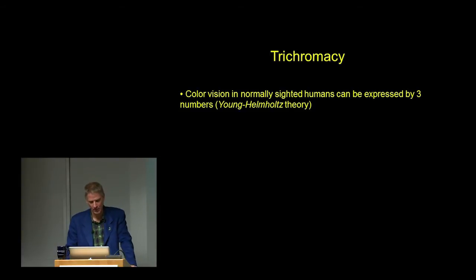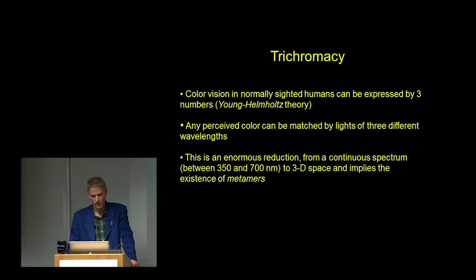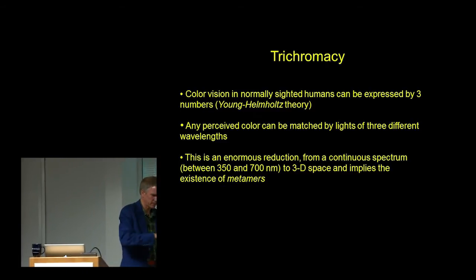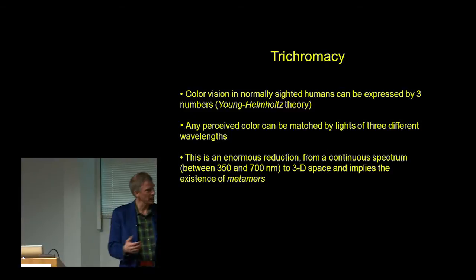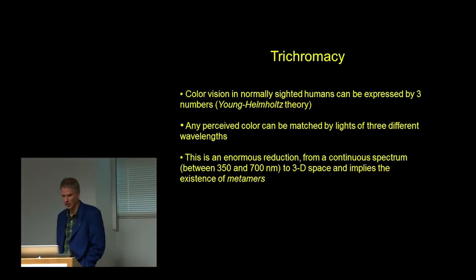What that means operationally is that in normal trichromats, any perceived color can be matched by a combination of three different wavelengths. Now, think of it, it's an enormous reduction. You go from this continuous wavelength distribution that's incident into your eye to something that spans a three-dimensional space, the three-dimensional color space.